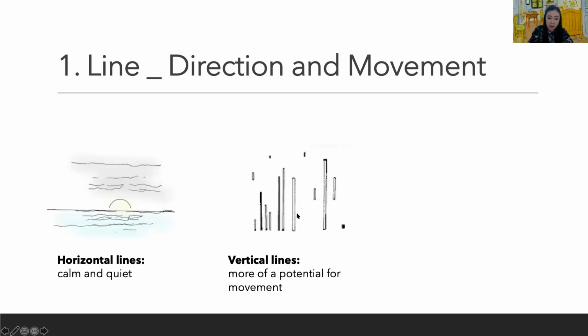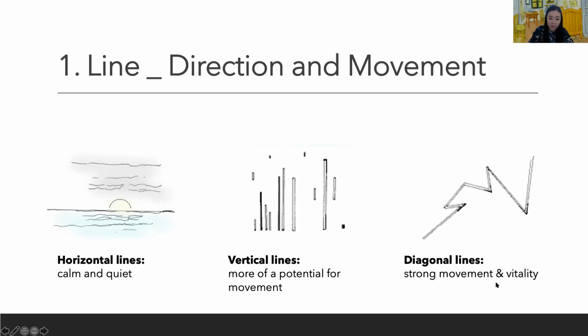The next is vertical line. Vertical lines suggest more of a potential for movement. And the last one is diagonal line. Diagonal lines strongly suggest movement and give more of a feeling of vitality to a picture.